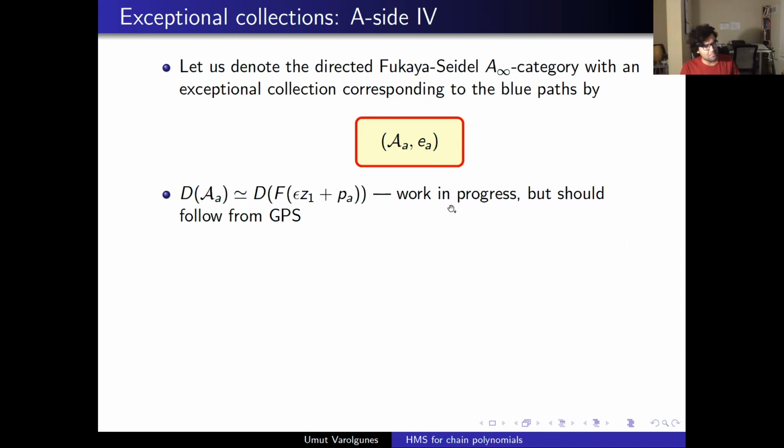This probably follows after some geometric manipulation from what's in Ganatra, Pardon, Shende. But this is the part that's most not done yet. I have to understand that it actually follows from GPS. It should, but yeah, this is work in progress. This is the main obstacle in saying that I completely proved the theorem.